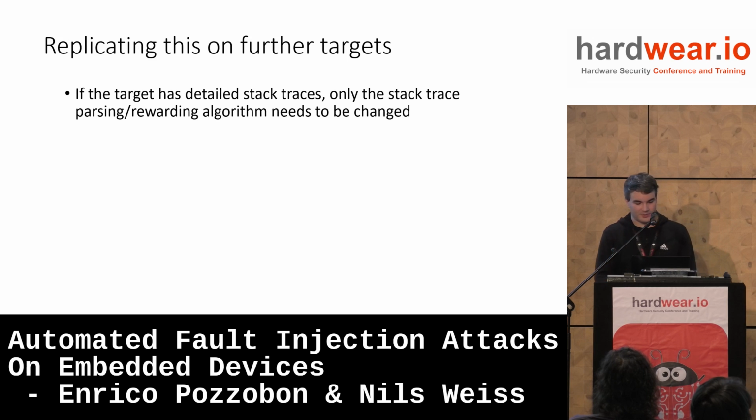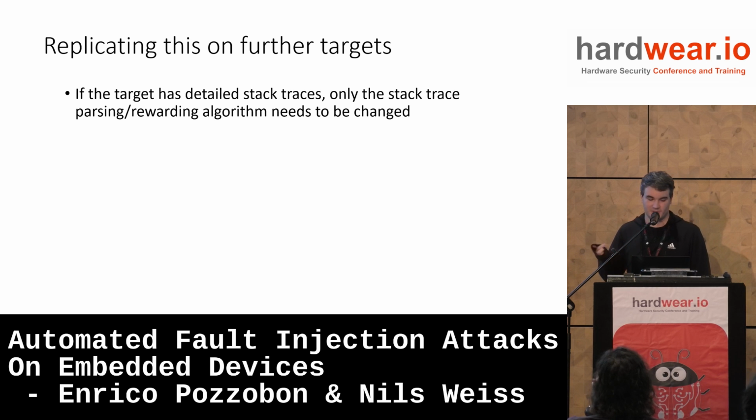And regarding replicating this on further targets, we want to automate this on as many targets as possible. If the target has detailed stack traces like the one we saw, it's very easy to automate this entire process.